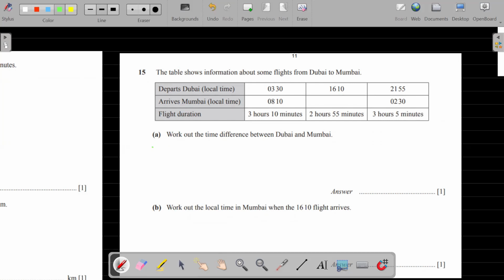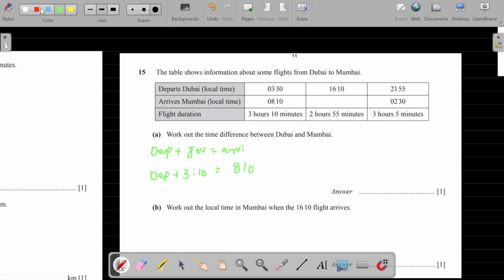So we know that departure plus journey is equal to arrival time. The flight arrives in Mumbai by 8:10, and the departure time is according to the local time of Mumbai. So how am I going to calculate this?